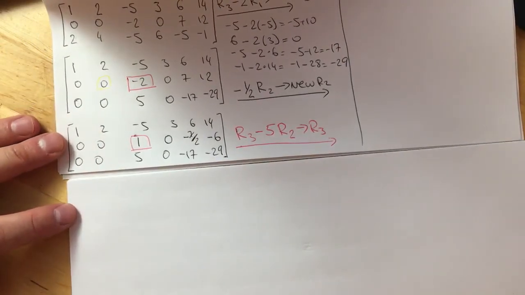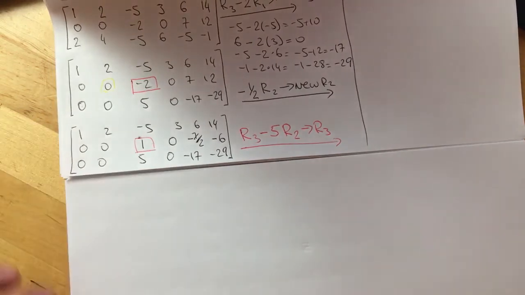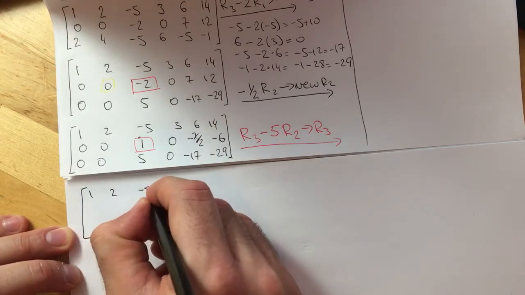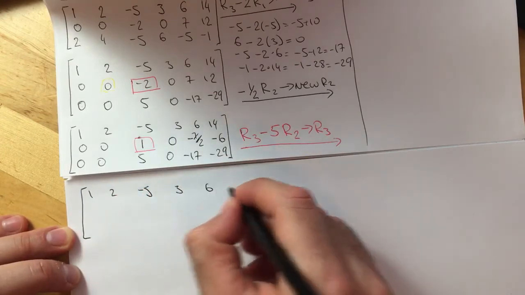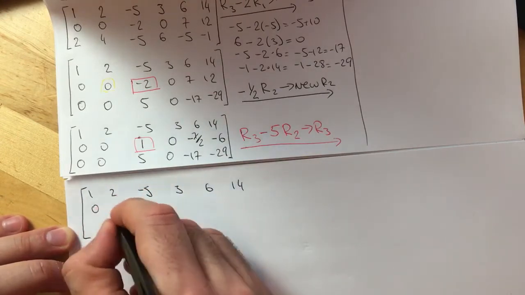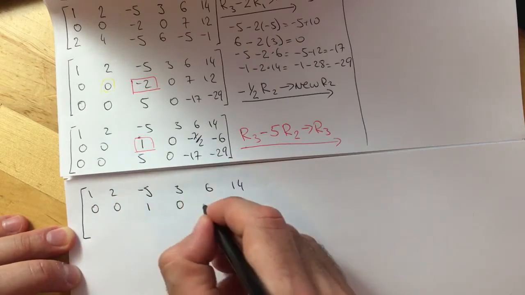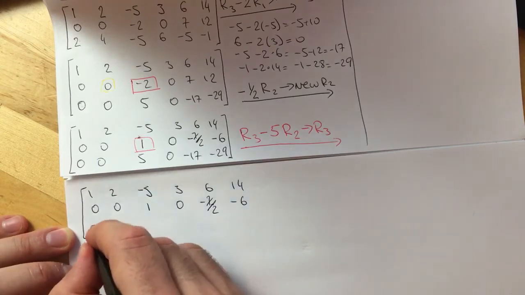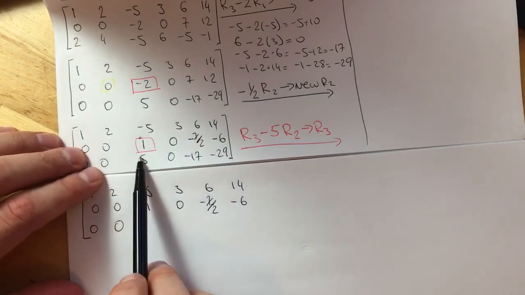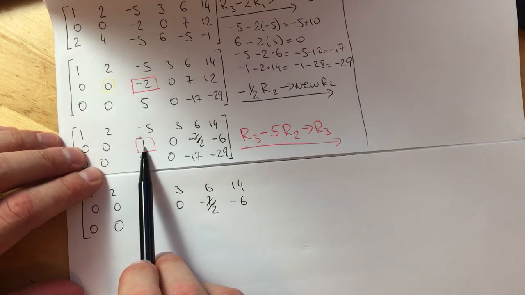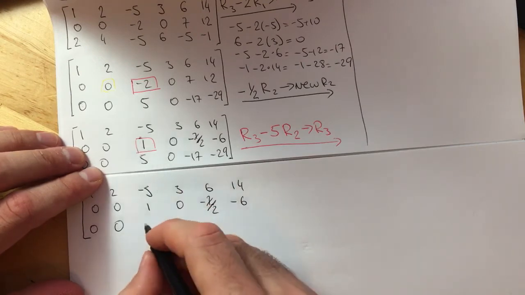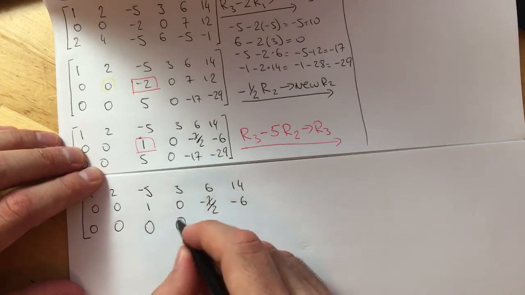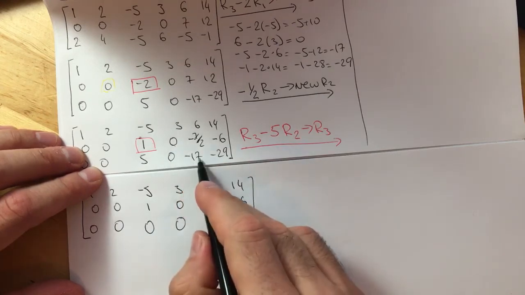So what do I get? The first two rows, we just copy the first two rows. So 1, 2, negative 5, 3, 6, 14, 0, 0, 1, 0, negative 7 over 2, negative 6, and then 0, 0. 5 minus 5 times 1 is 5, so 5 minus 5 is 0. 0 minus 5 times 0 is 0, so 0 minus 0 is 0. Right? So what do we have here?